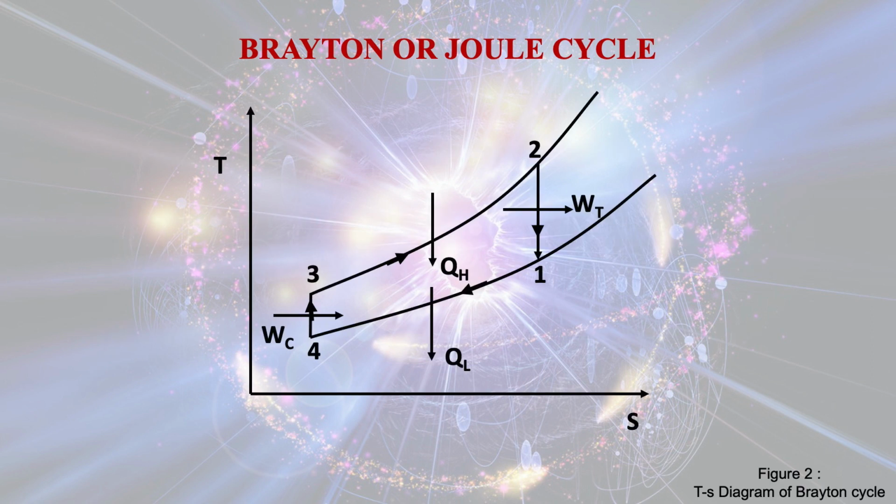Now this is the TS diagram of BRAYTON cycle, temperature entropy diagram. From state 4 to state 3 it undergoes the compression process, and thereby WC is work input to the system, and 3 to 2 is the constant pressure heat addition QH, and WT is the work done by the turbine, and QL is the heat given out by the air to the surroundings.